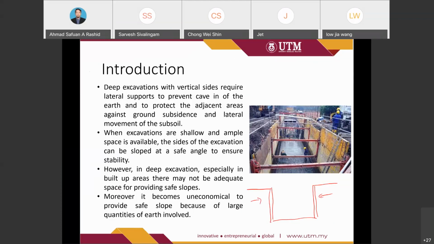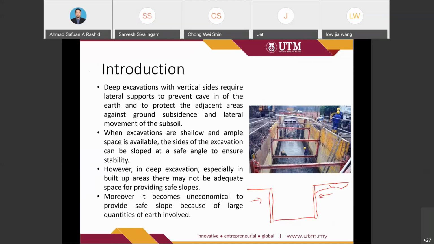At the same time, it can protect against any movement, deformation, or failure of the trench area.